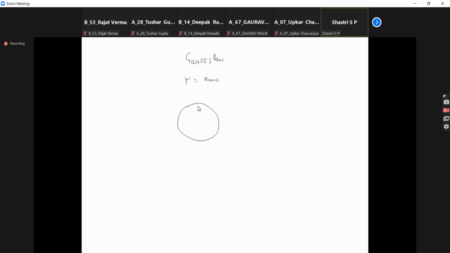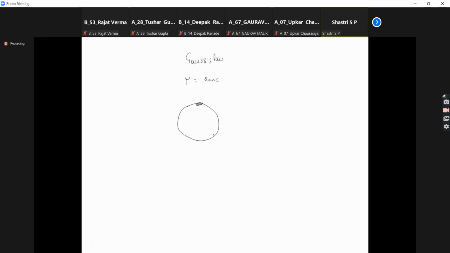So I was saying that this is a spherical shell, and a small aperture, a hole, is available here. Now the arrangement is that there is no charge, either it's a metallic sphere. Just remember that there is no charge on the outer side of this sphere, and similarly on the inner side of the sphere.